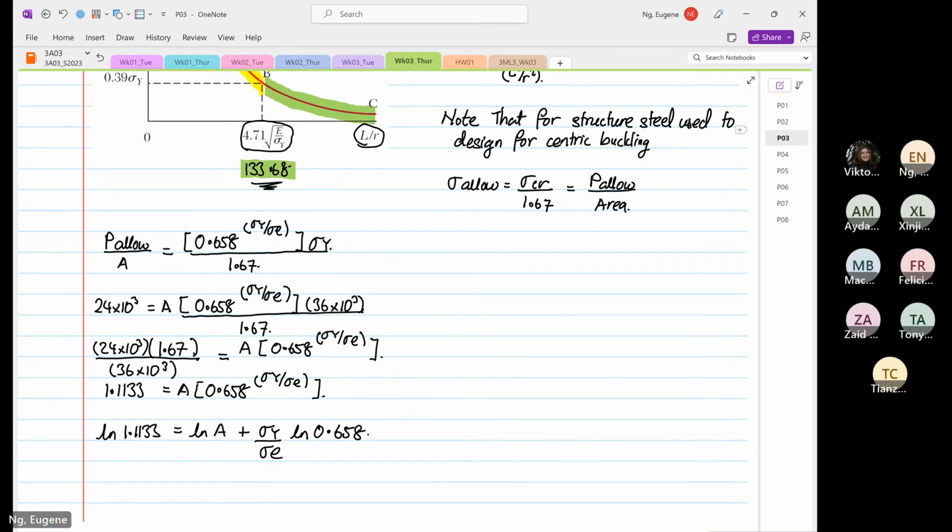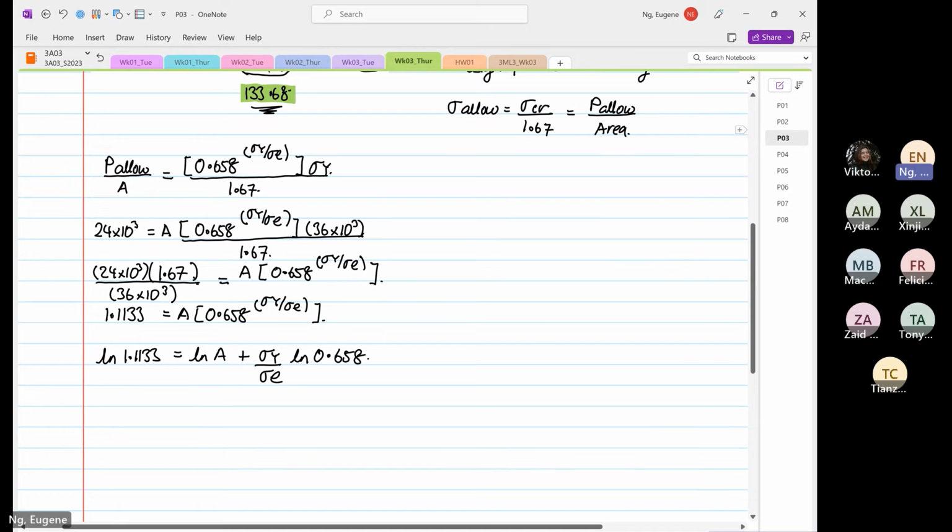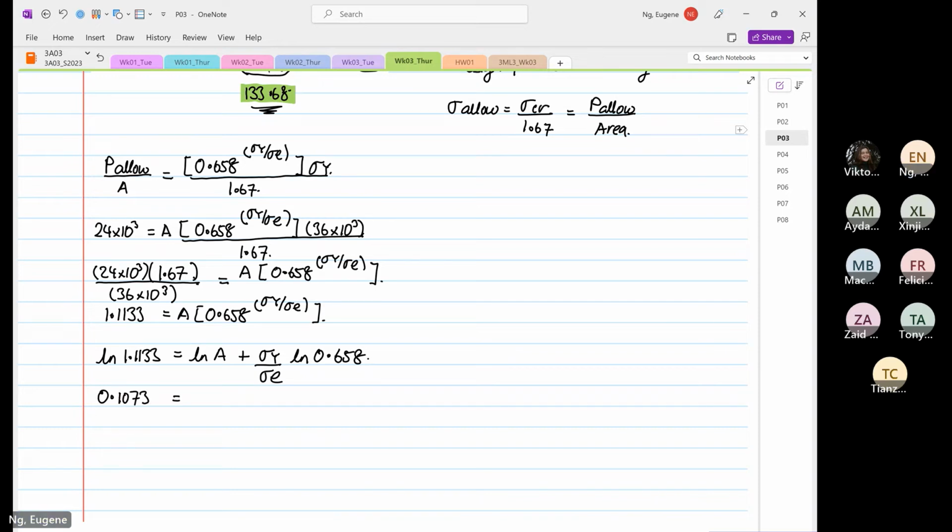The rest is all math, which I believe all of you can do better than me. So natural log of 1.1133 is equal to 0.1073. This will be equal to natural log of the area, which is 3d squared.